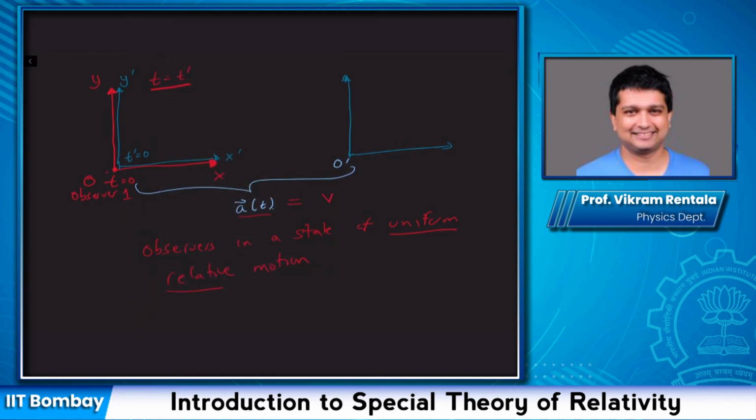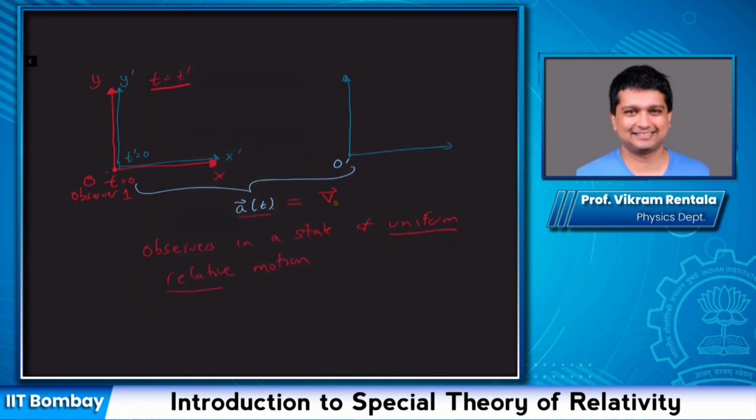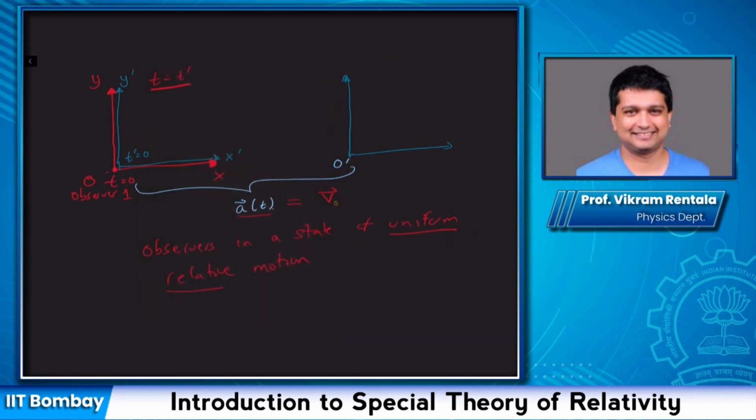It's a constant vector. Let's call it v naught, or let's call it v relative, times time.